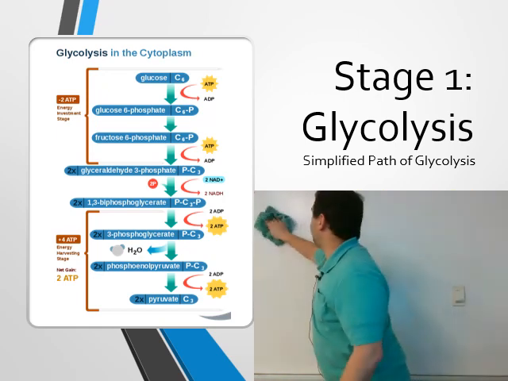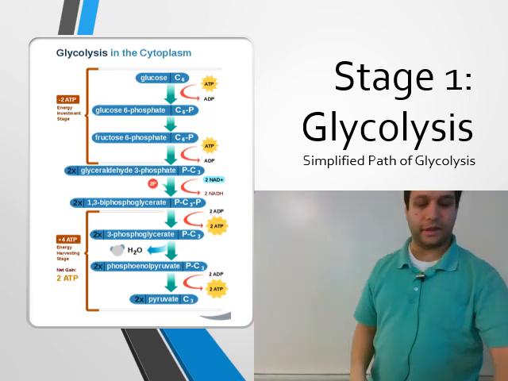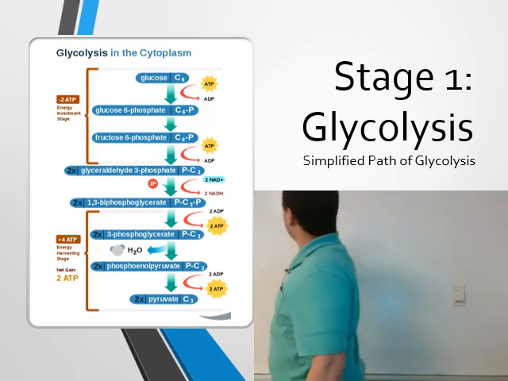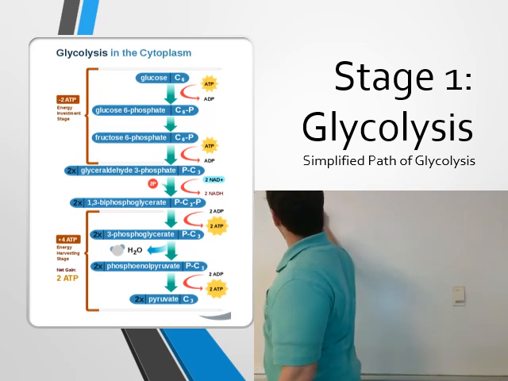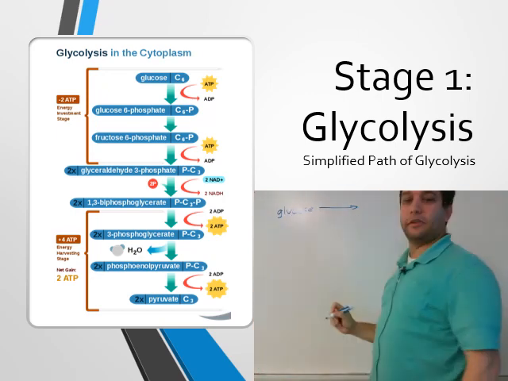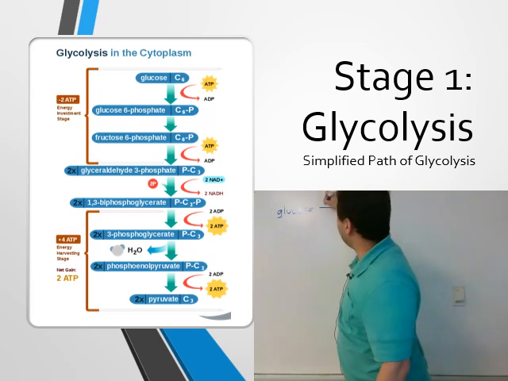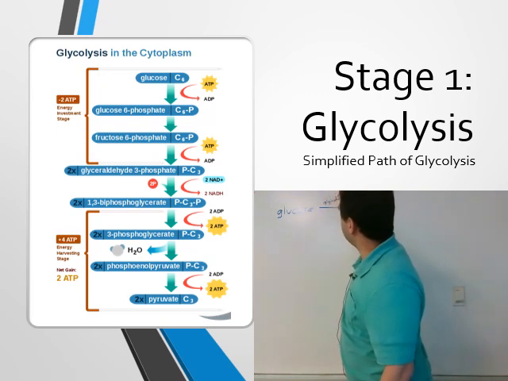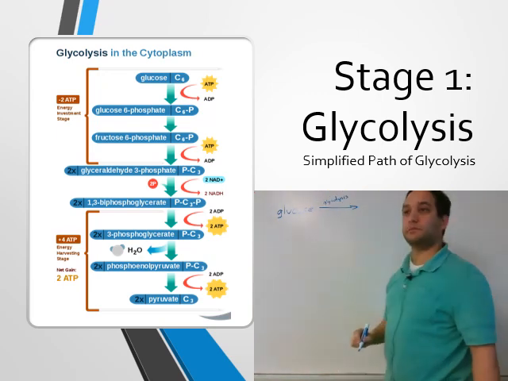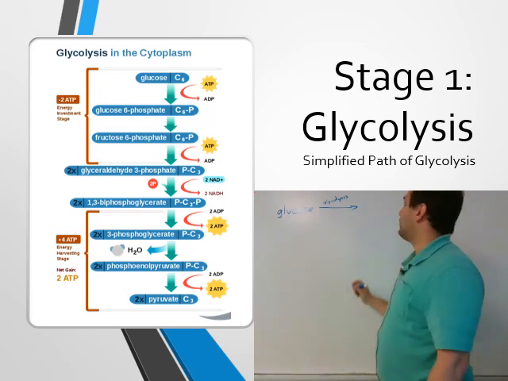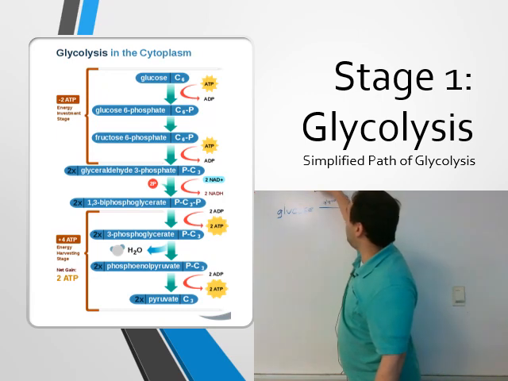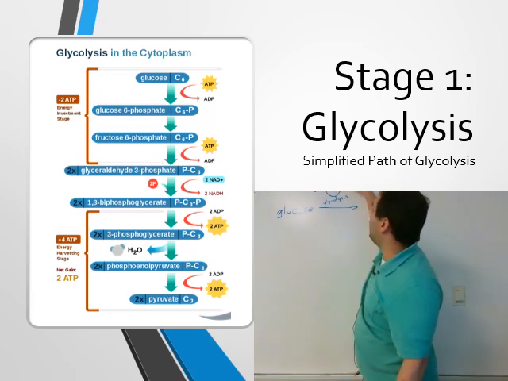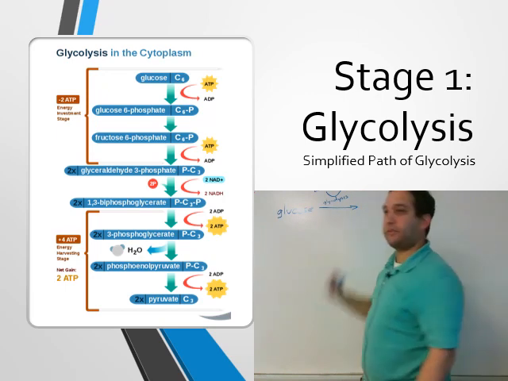All right, so what we're doing then is we are taking glucose. That glucose undergoes glycolysis. In the process, a net total of 2 ADP go in and 2 ATP come out.